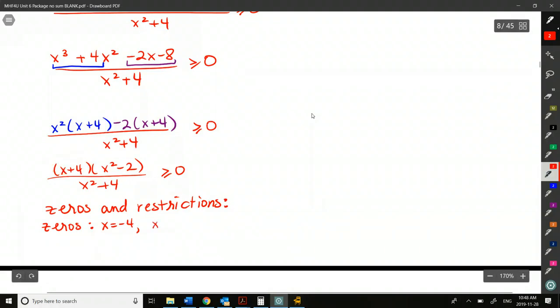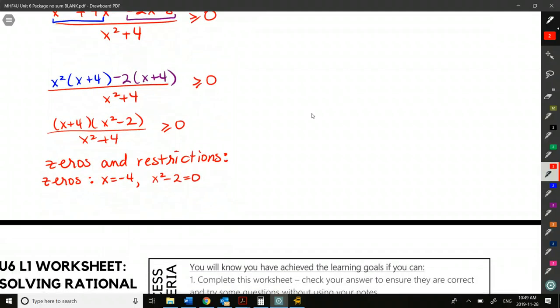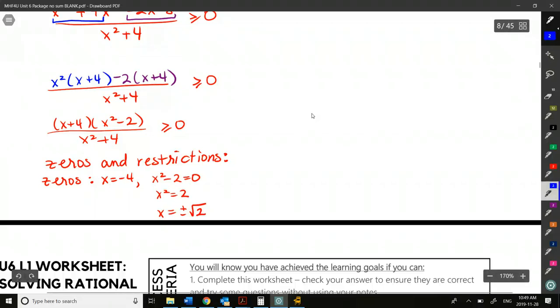Now, if I have x squared minus 2 equals 0, and we solve for where x squared equals 2, I'm actually going to get 2 x-intercepts from that, positive and negative square root of 2. Okay, we know when we're solving an expression and it has an x squared in it, I have to consider both possible options, that root 2 is squared and also negative root 2 could be squared to give us positive 2.